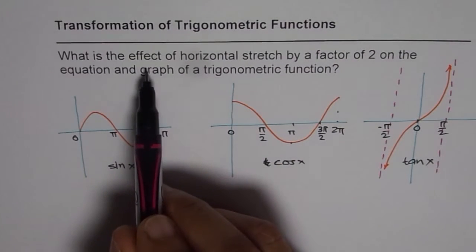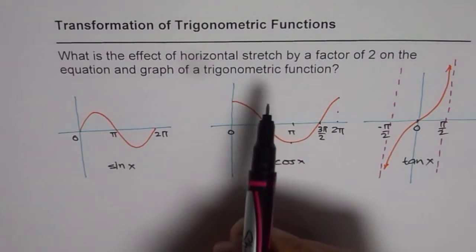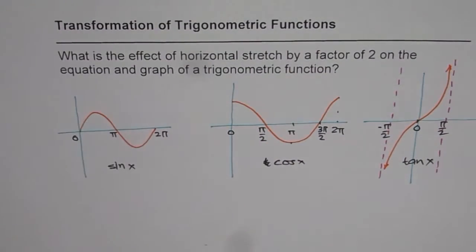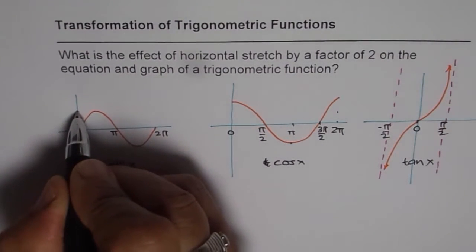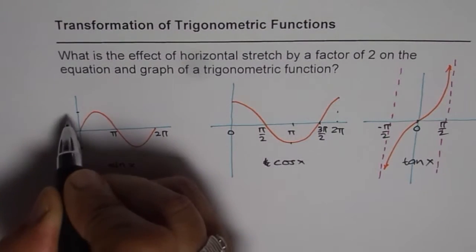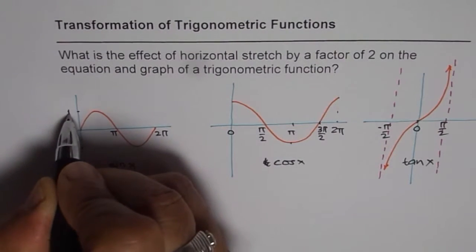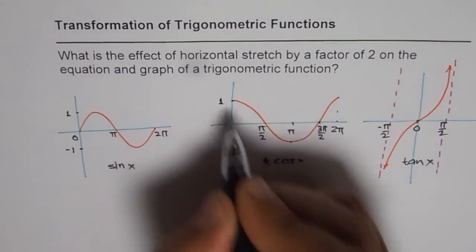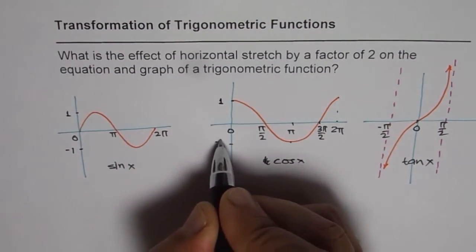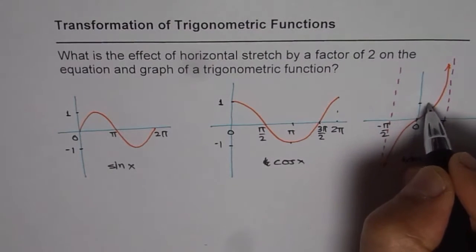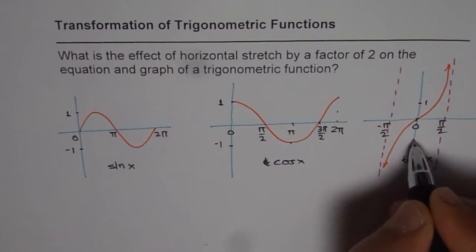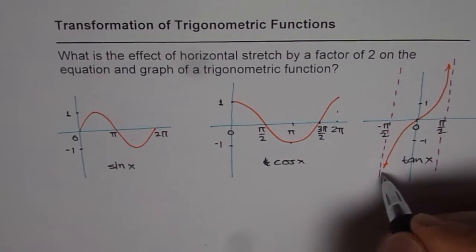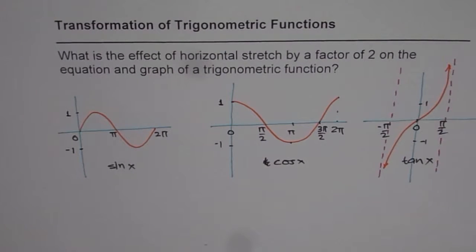When we say horizontal stretch, it really means what? It means that every point on the function will horizontally get stretched. So in this particular case, for sine and cosine, we know the amplitude is 1, so it is from minus 1 to plus 1. This is also from 1 to minus 1, right? And here let me just say 1 and minus 1 here. It goes from minus infinity to plus infinity, correct?